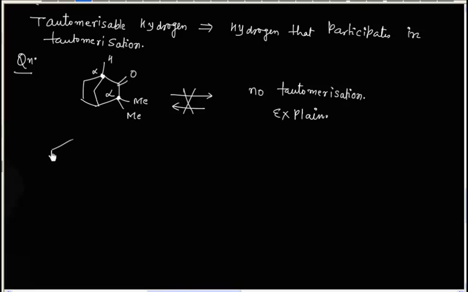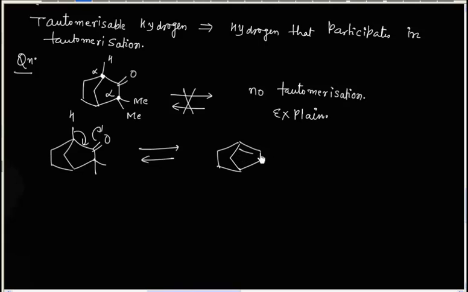So if I do that, now this carbon becomes sp2 hybridized because it has 3 groups: 1, 2, 3.